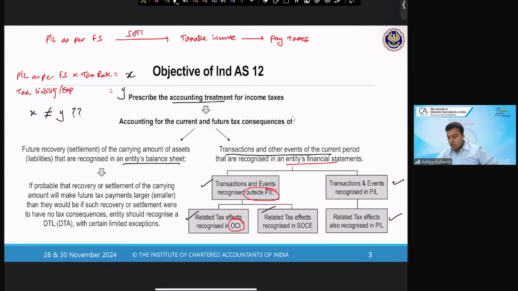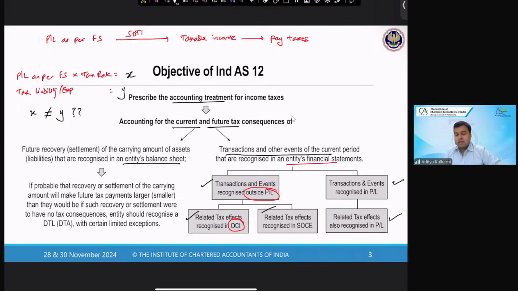Okay. So now you are going to understand the accounting for the current as well as future tax consequences of future recovery of the carrying amount of assets recorded in the entity's balance sheet, and of transactions and other events recognized in an entity's financial statements.